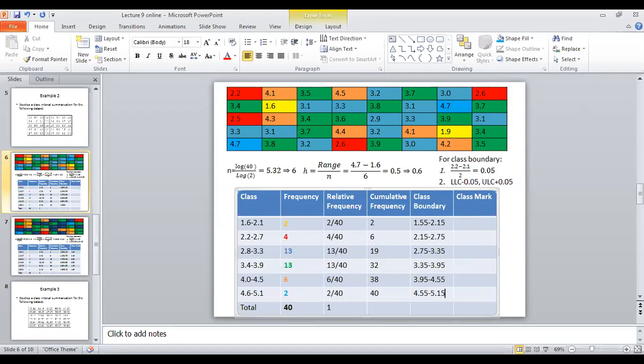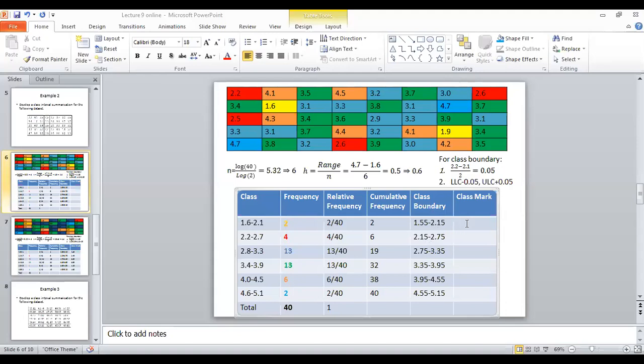So that's how we complete our class boundaries, and we can see that they fit perfectly, because the number at which a class boundary ends is the same number at which the next class boundary starts.